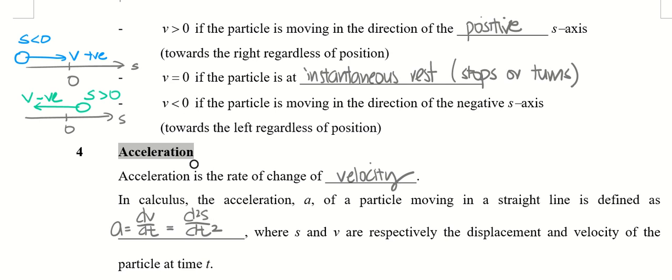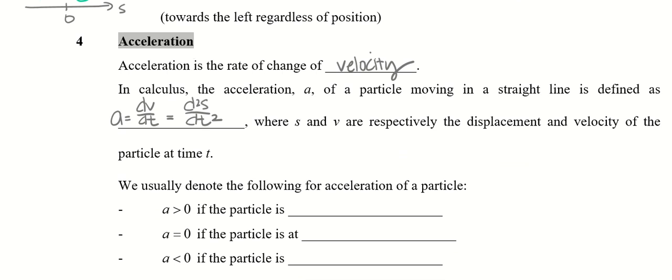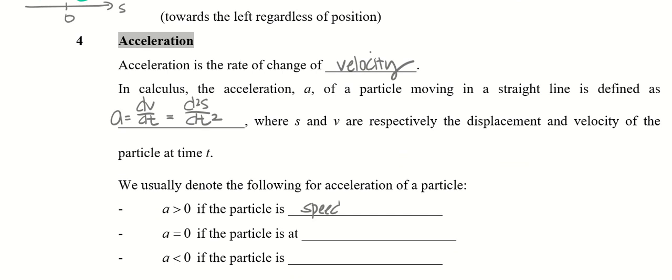Again, it has greater than 0, equals 0 and smaller than 0. If a is greater than 0, the particle is just speeding up. If it equals 0, is it still moving? Yes, but it's moving at constant velocity. And with a smaller than 0, it's slowing down, then probably you'll come to a stop somewhere.